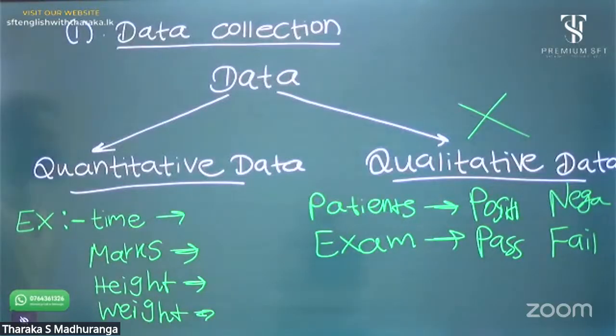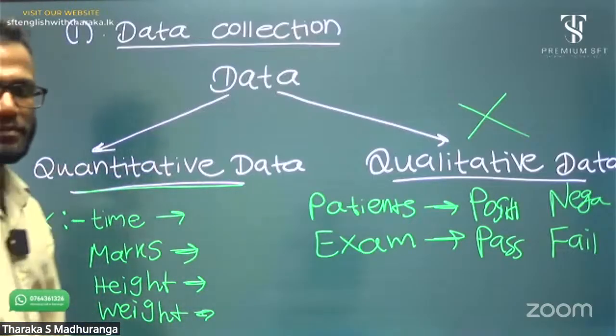Quantitative data. Any data able to collect as numerical number is called quantitative data. Write down examples.